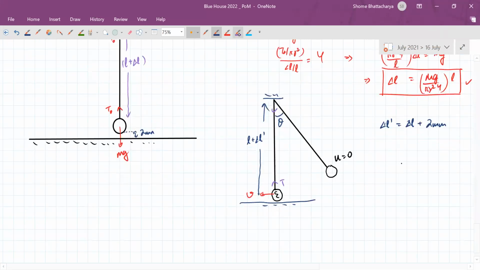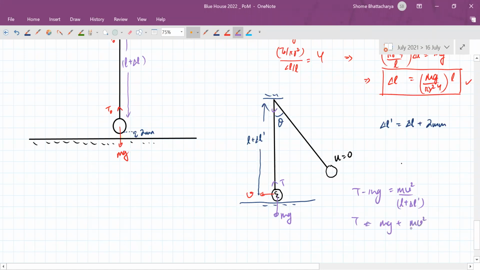So now when it's at this lowest position, T minus mg is equal to mv square upon L plus delta L prime. So T is becoming mg plus, and now we can approximate this as this, because obviously the fractional change is very small.